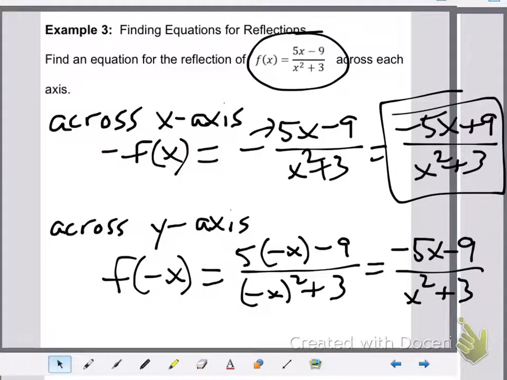So in this case, only the 5x and the 9 change signs. So you can see that when you reflect across the x-axis, all you're doing is taking the opposite of the function. When you're reflecting across the y-axis, you're actually plugging negative x in for x and then simplifying from there.